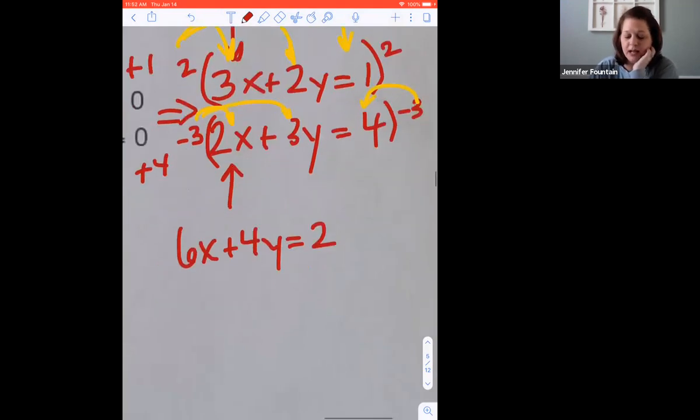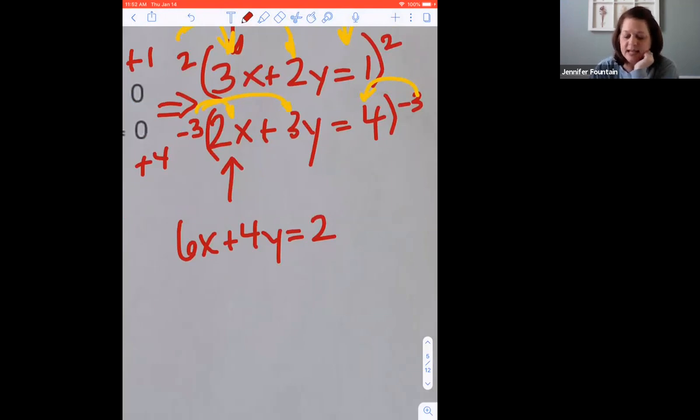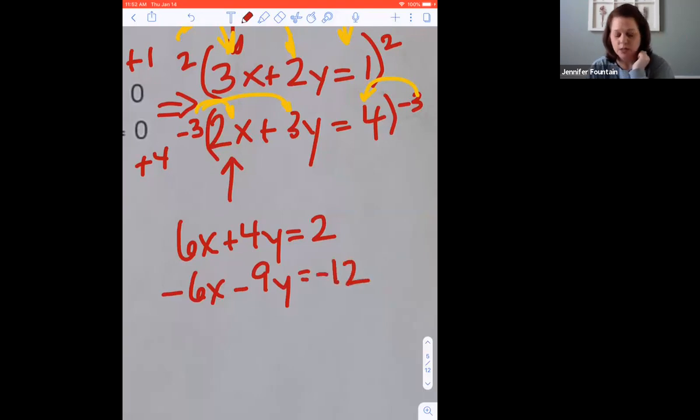My second equation, I'm multiplying by -3. -3 times 2x is going to be -6x. Negative 3 times plus 3y will give me negative 9y equals negative 3 times 4 is negative 12. So now that I see I have a positive 6x and a negative 6x, I have opposite terms. So I know that I can add these two equations together.